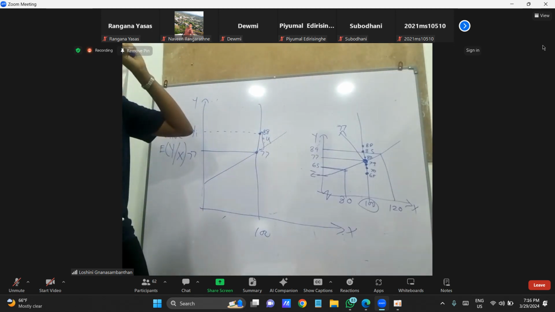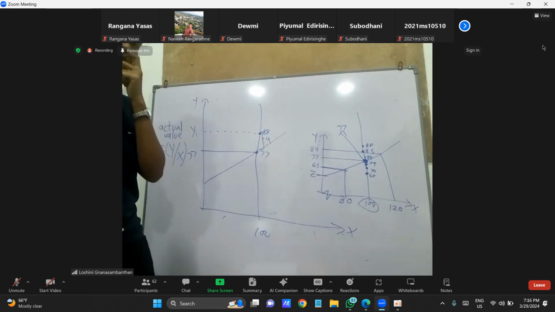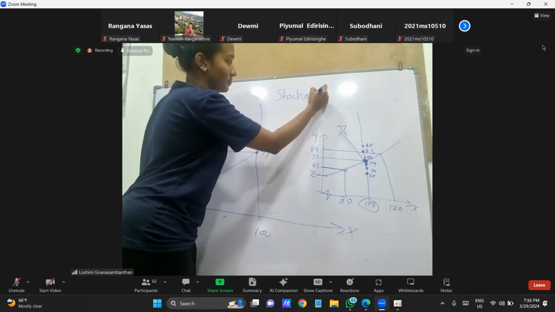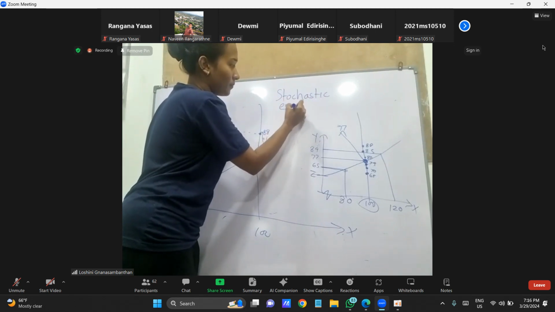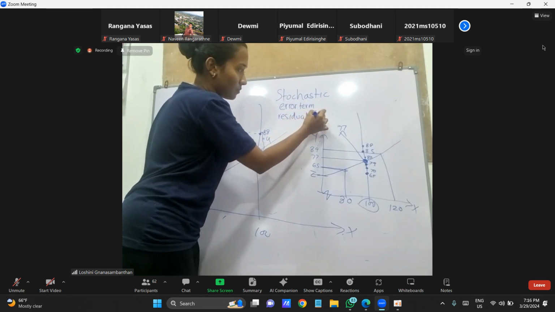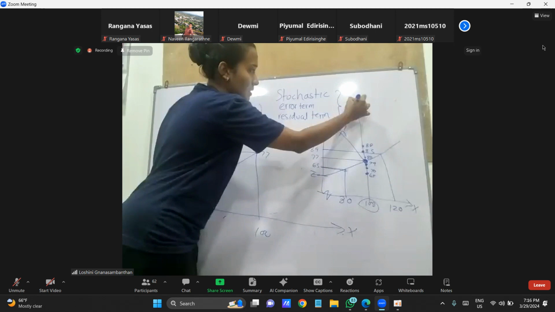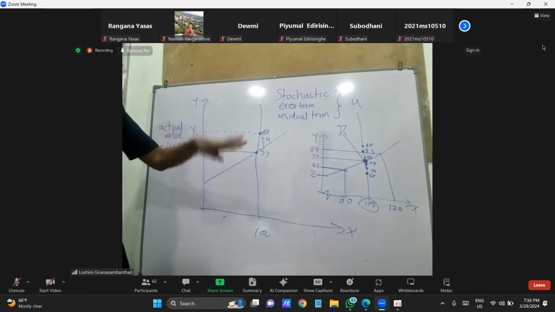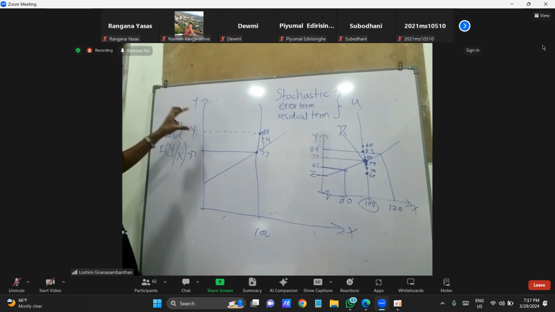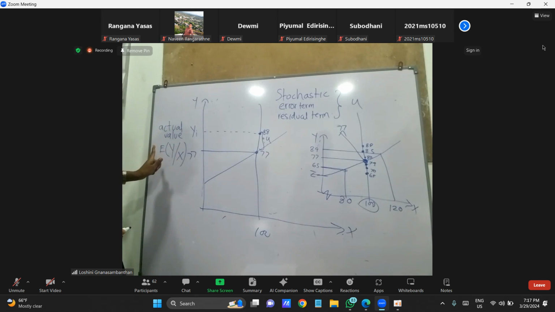Okay, and also I can't remember if I mentioned stochastic. So what is u telling you? It is the difference between the actual value Y i and the expected conditional mean, the conditional mean of y given x.